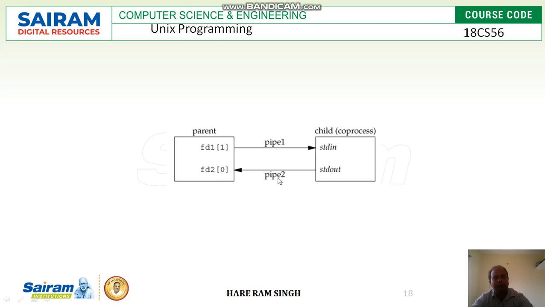One pipe carries data from the parent process to the child process, and another pipe carries data from the child process to the parent process. As we know, for writing data we use the FD1 file descriptor. So now the parent wants to write data to the child process, using FD1.